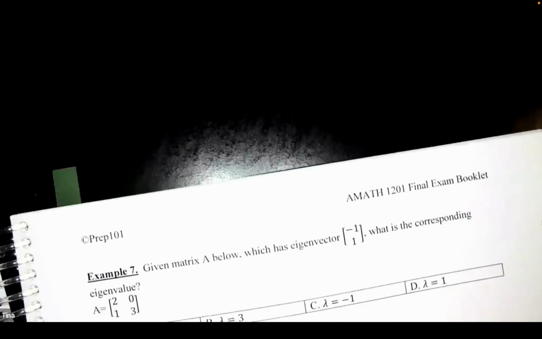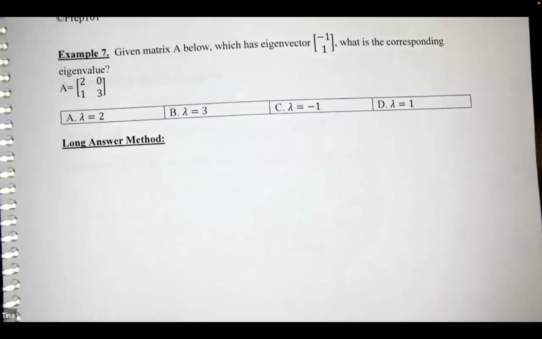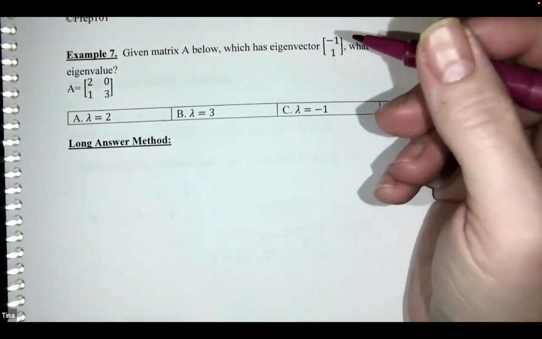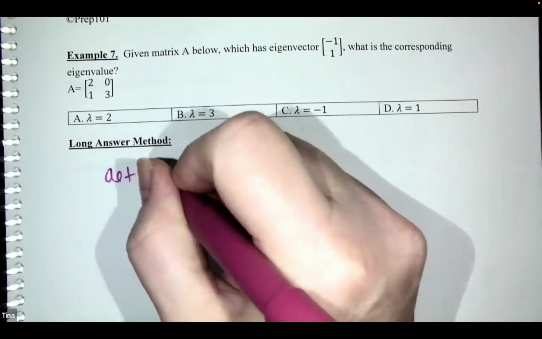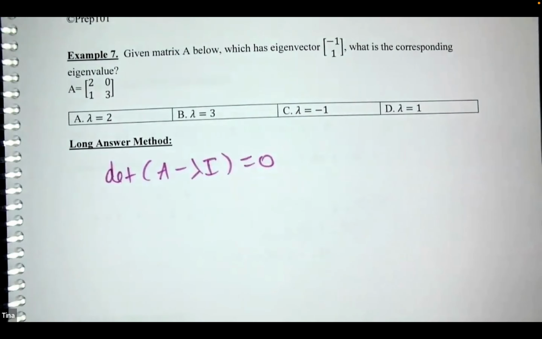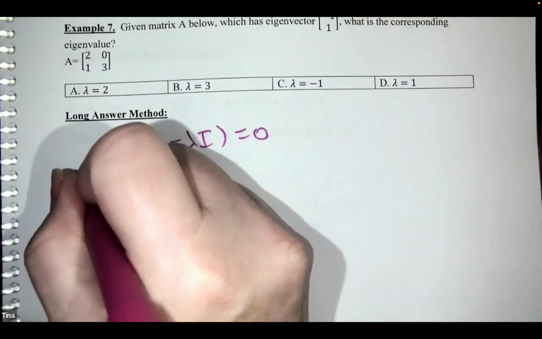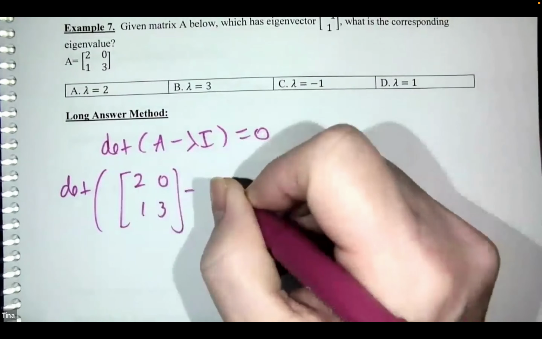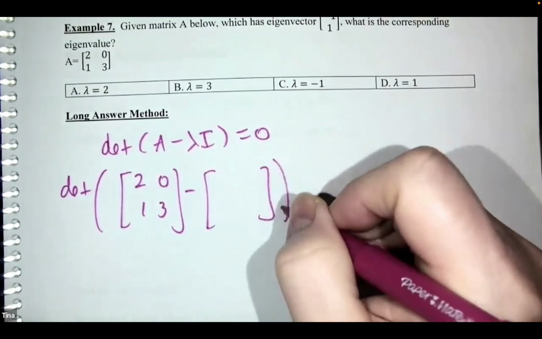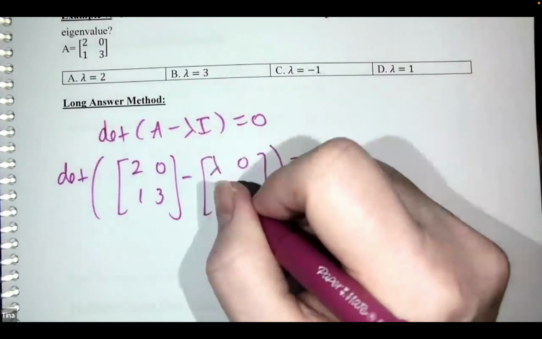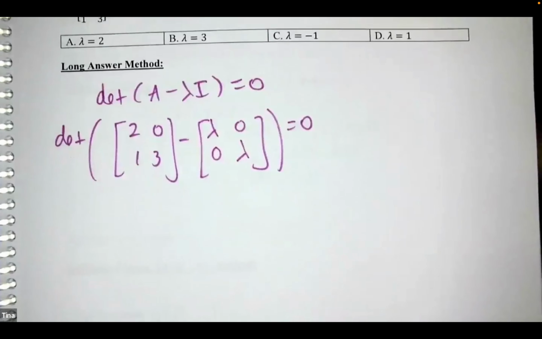All right, so I'm going to show you the long method just for practice. Assuming you don't have this eigenvector, what would you do? So we need det(A minus lambda I) equals 0. Remember, we take our A and do minus lambda times I, which is really just lambda, 0, 0, lambda.